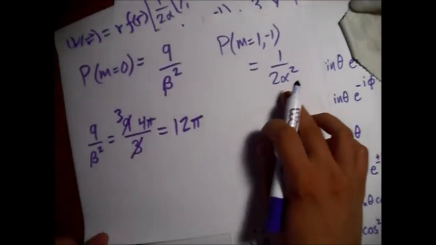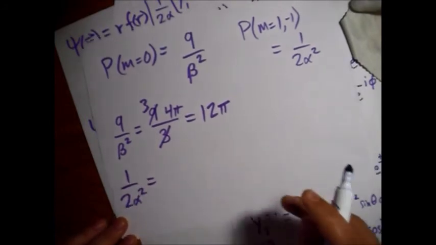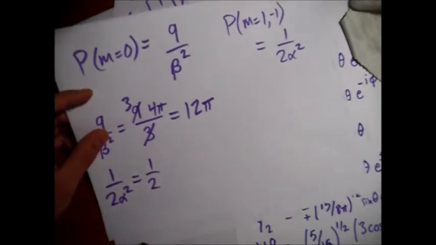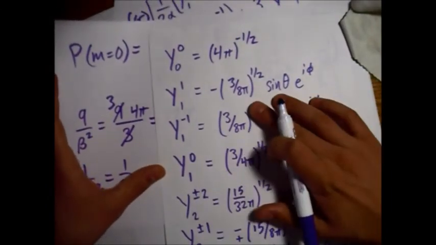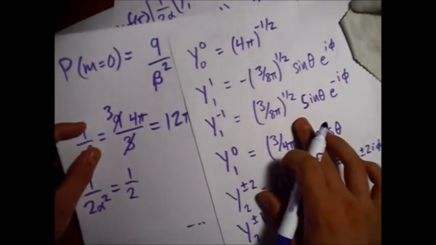And then these ones here are equal to 1/2 alpha squared. Okay, so here we have a 1/2, and then alpha squared, once we square the square root of 3/8 pi, we just get 3/8 pi. It's on the bottom, so we're going to flip it.